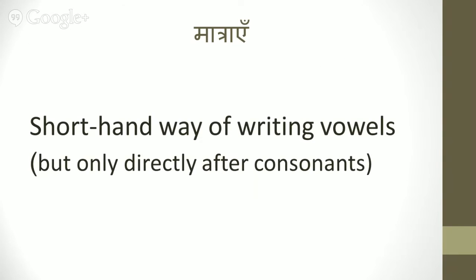It's very simple. It's a shorthand way of writing vowels, but only when it comes right after another consonant. It's the shorthand that gets rid of the vowel that is by default always there if nothing else is there. So we're getting it out of the way by writing a shorthand form of the vowel.